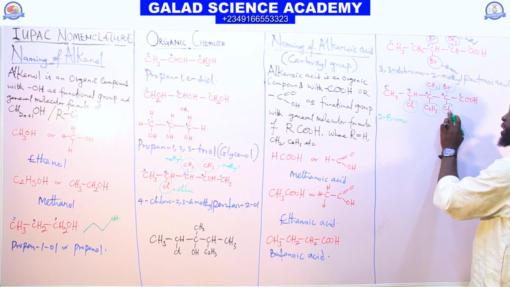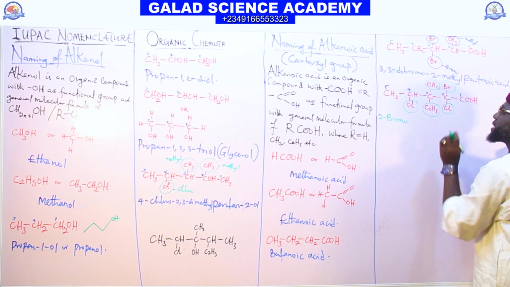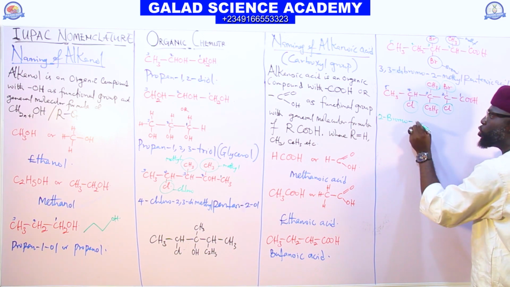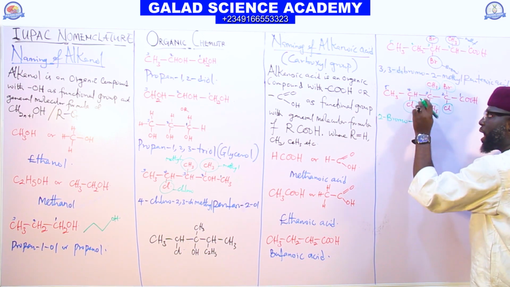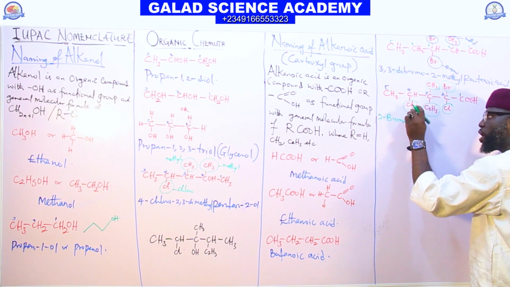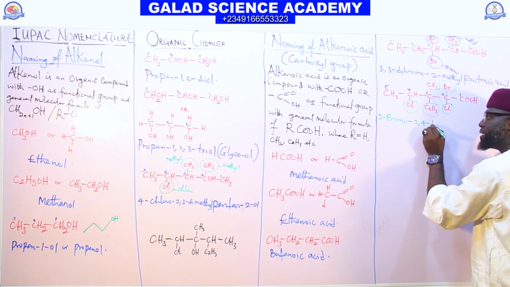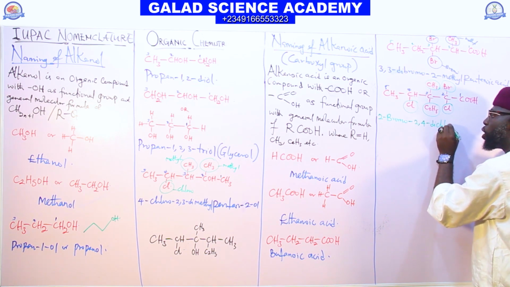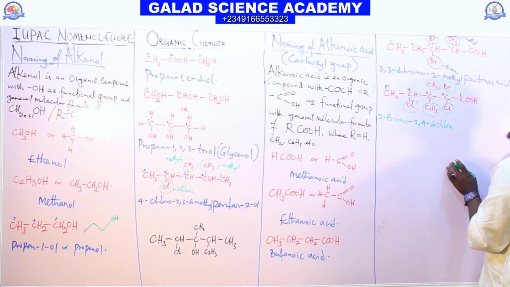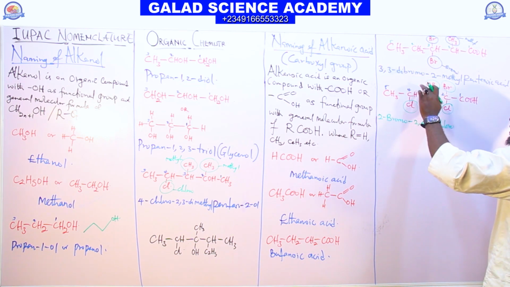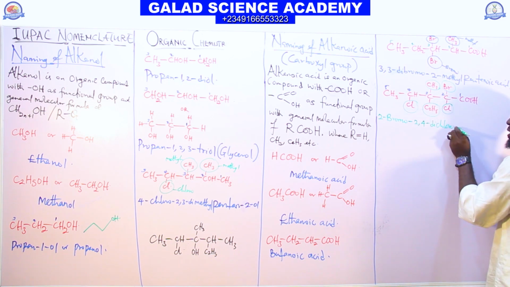Chlorine again, chloro comes before ethyl, so 2,4-dichloro. This is ethyl.